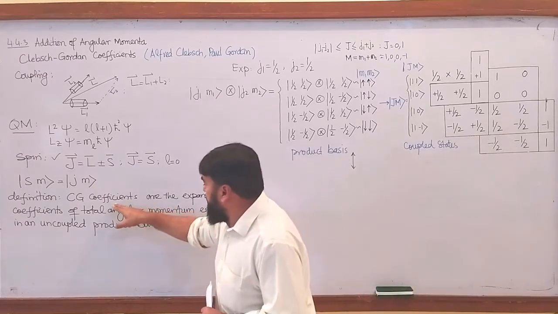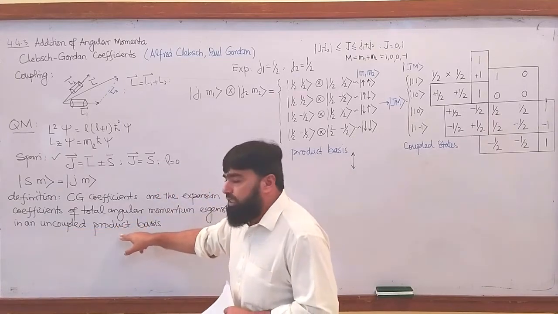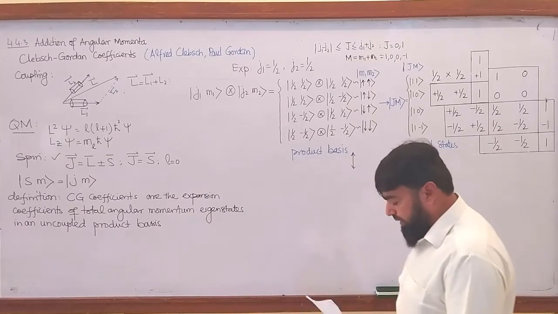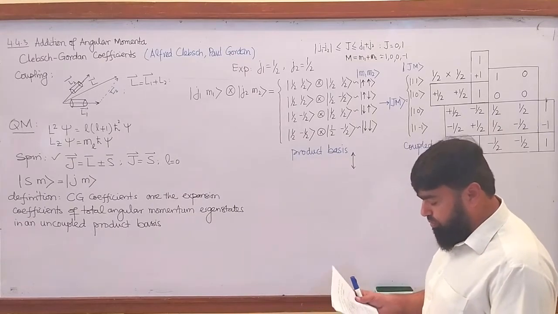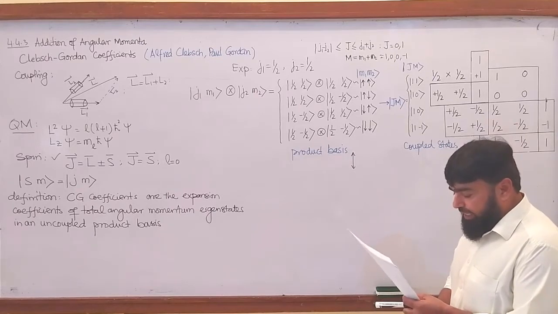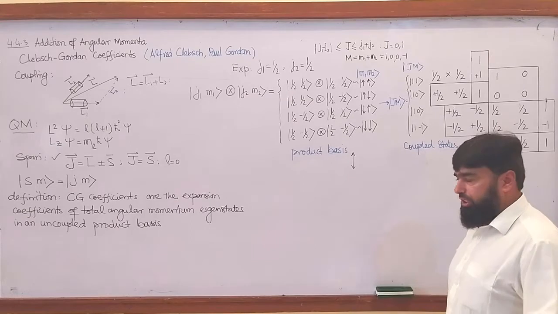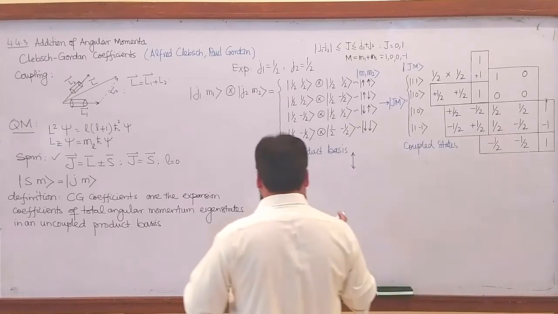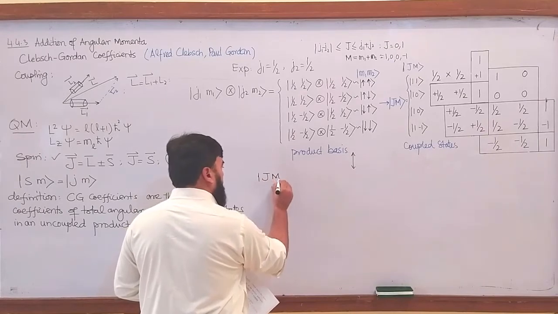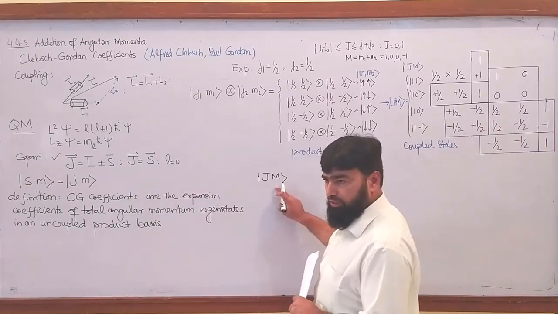So the CG coefficients are actually the coefficients of the uncoupled product states. And we will now go on with them. Now I can write that any J, M state, so this is a coupled state, right?